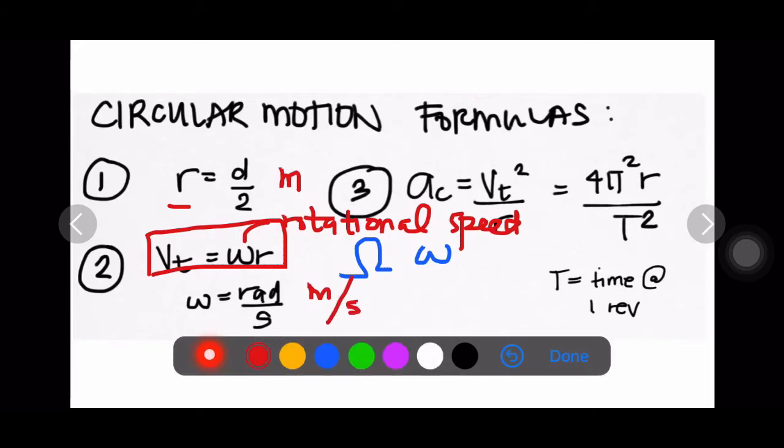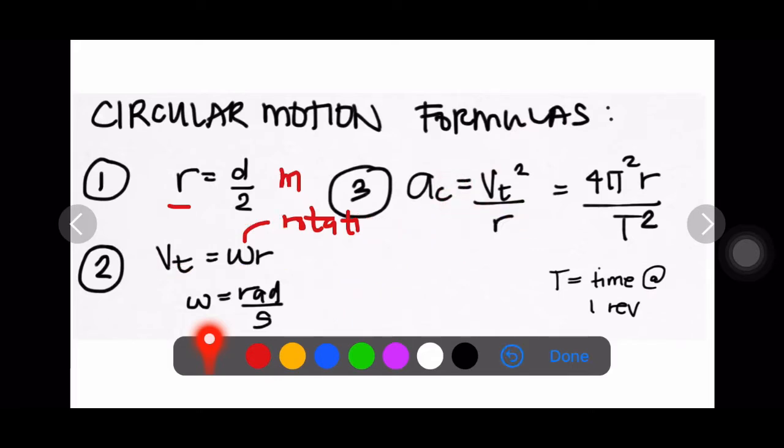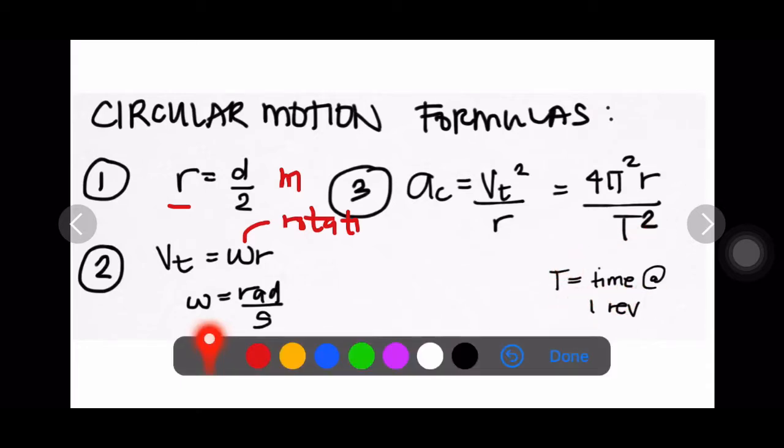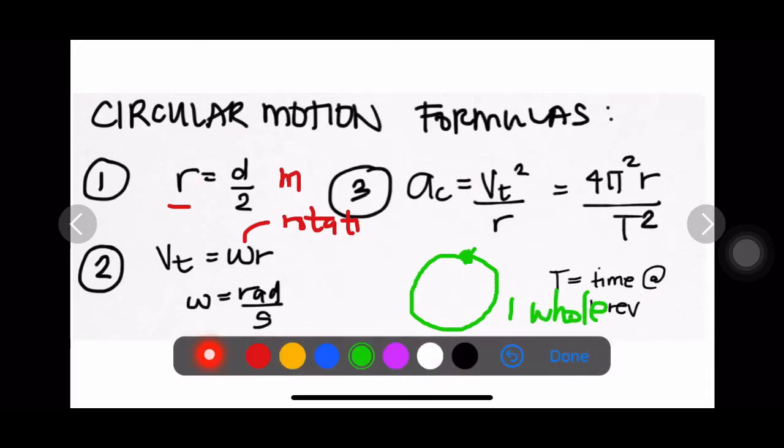The third formula that is useful in solving circular motion is the centripetal acceleration. We have Vt squared over r, where Vt is the tangential speed divided by the radius. The second formula for the centripetal acceleration is 4 pi squared r over t squared, where t is the time at one revolution, the time it takes to complete one whole circle, in seconds.